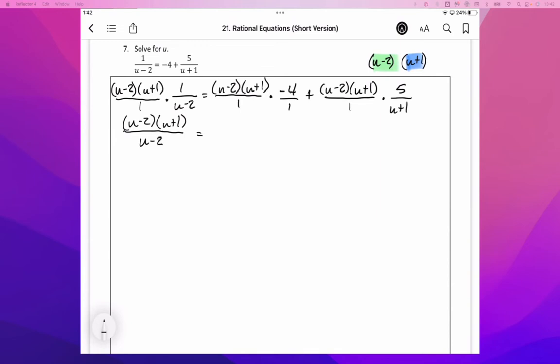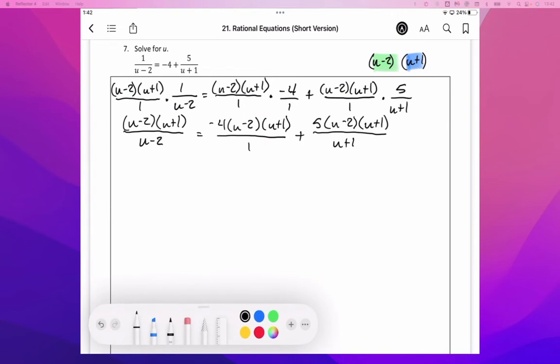Negative 4 times all that is negative 4 times u minus 2 times u plus 1 all over 1. And then 5 times all that is 5 times u minus 2 times u plus 1 all over 1 times u plus 1 is u plus 1.